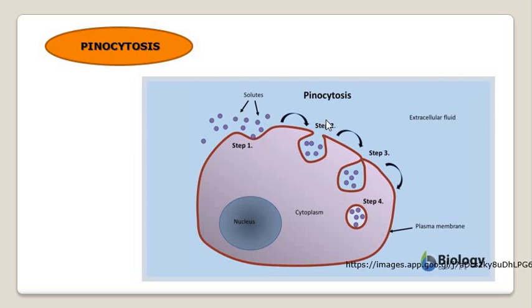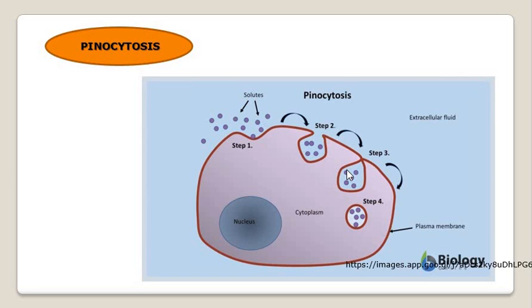So whenever the plasma membrane gets invaginated, that solid molecule is taken inside that invagination, and slowly it grows further, and then it gets pinched off. The remaining membrane is fused together, and the pinched off vesicle is now ready. It is detached from the plasma membrane. That is called a pinosome, because it is a pinocytic vesicle.